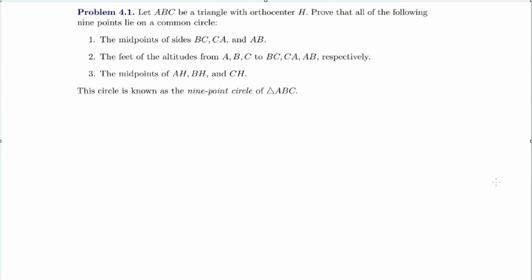Let ABC be a triangle with orthocenter H. Prove that all the following 9 points lie on a common circle. First we have the midpoints of sides BC, CA, and AB. Then we have the feet of the altitudes from ABC to the sides. And finally, the midpoints of AH, BH, and CH. And this circle is called the 9-point circle of the triangle.